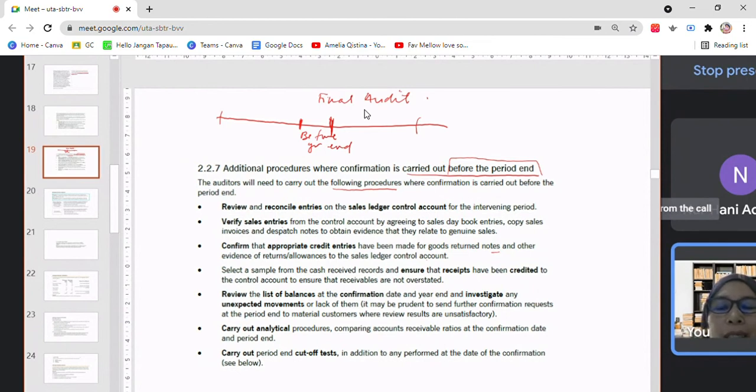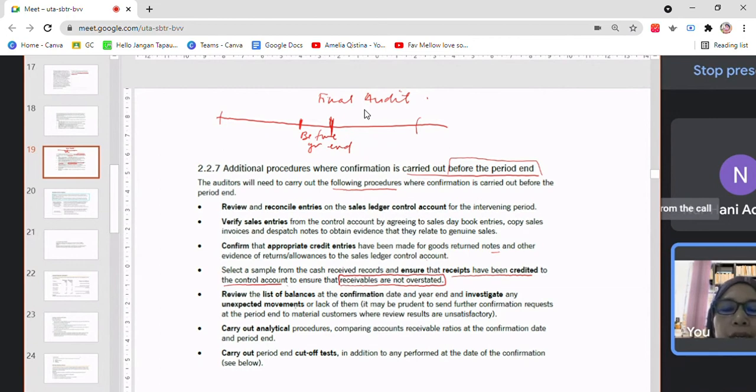Then they select a sample from the cash receipts record and ensure that receipts have been credited to the control account, to ensure that receivables are not overstated. So you have to ensure the receipt from the customer has been credited. Review the list of balances at the confirmation date and year end and investigate any unexpected movement.